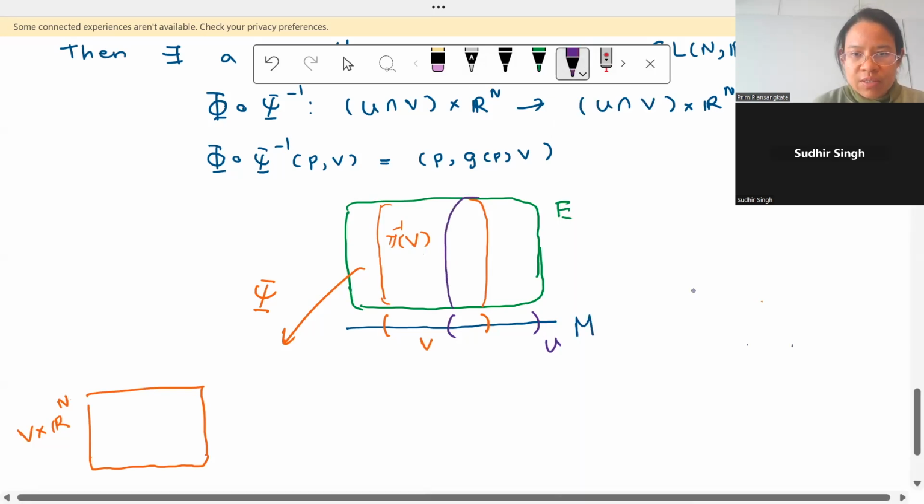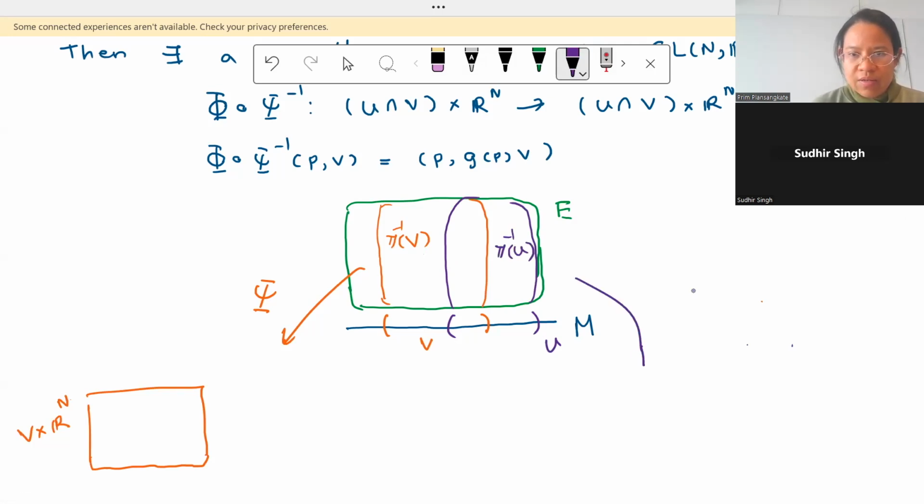And on this side, this is pi inverse of U, and the local trivialization phi maps this to U cross R^n.